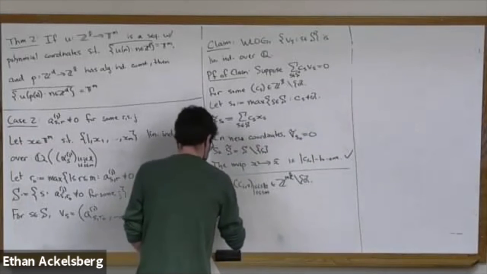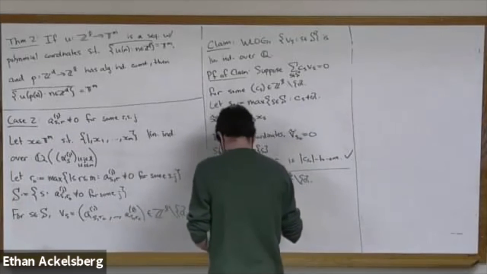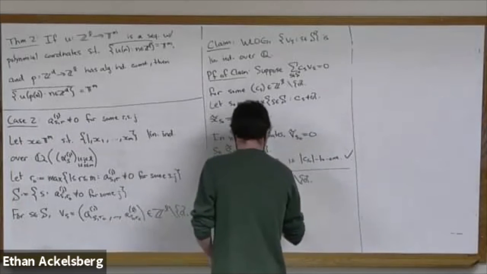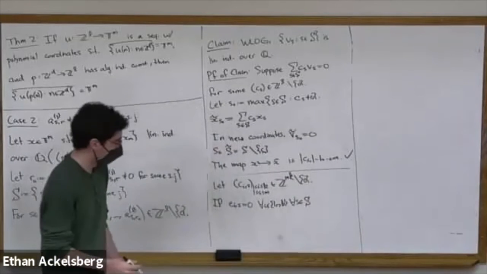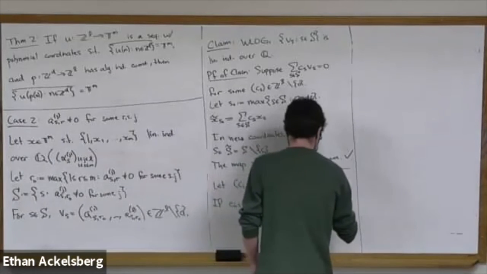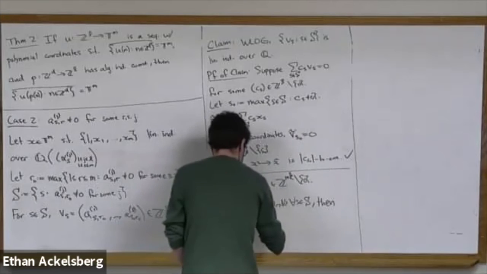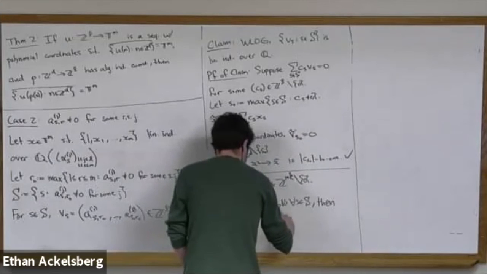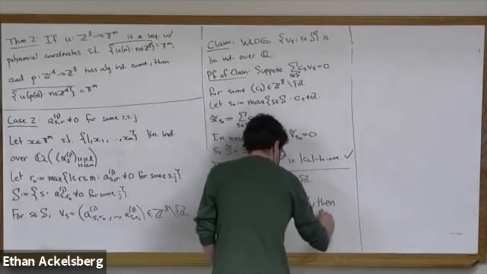So let's say if CIS is 0 for all I and every S in our set S, then remove the S coordinates and let's just say restart the proof.